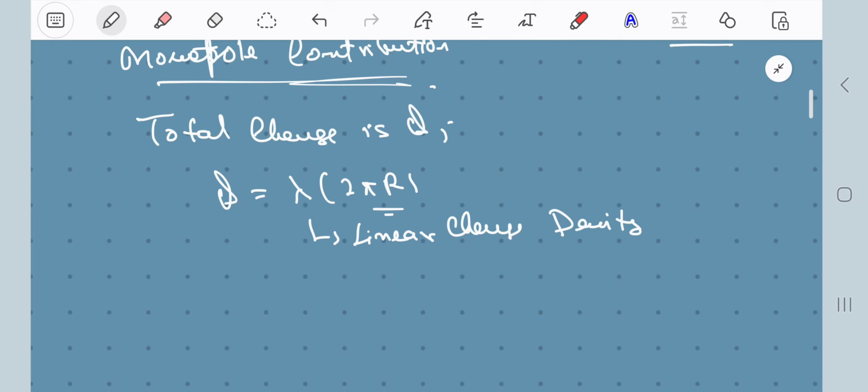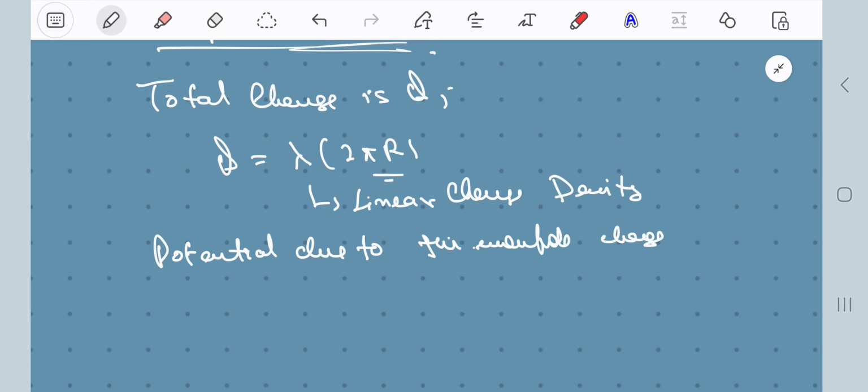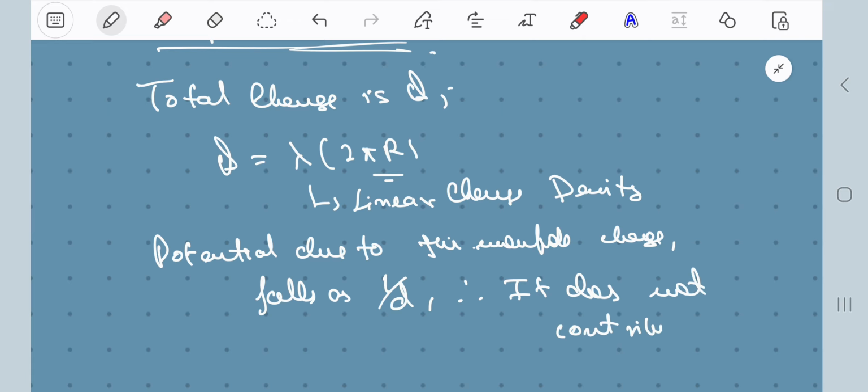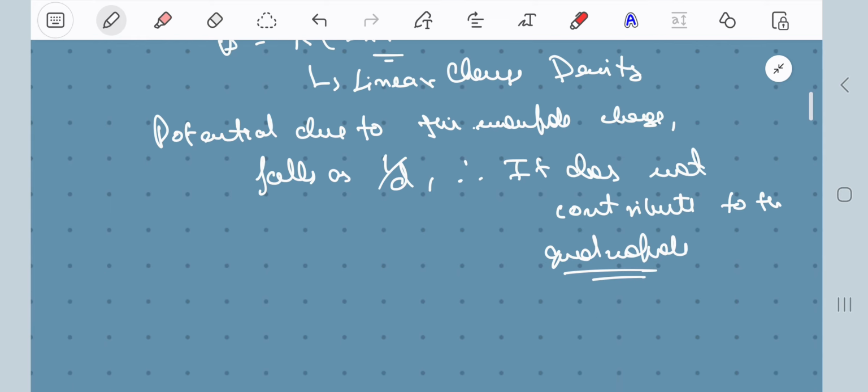Fine. But the potential due to this monopole charge falls as 1 by d, right? Therefore it does not contribute at all to the quadrupole term. So there is no contribution due to the monopole term to the quadrupole term, right? So we are fine with it.